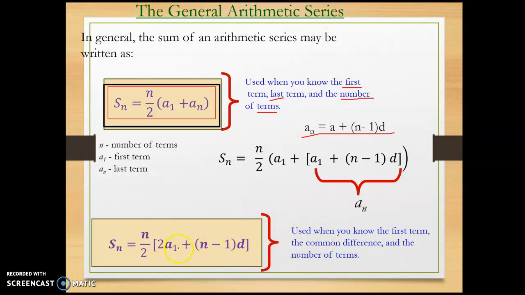So you have the first term, and you need to solve for the last term, which is missing, but you have the number of terms, the common difference, and the first term. Okay, so I think we'll have to continue to the next video.